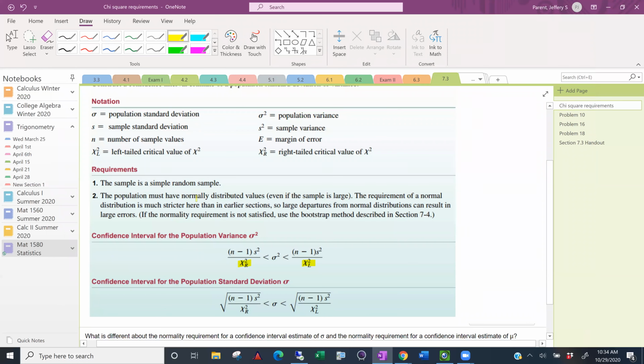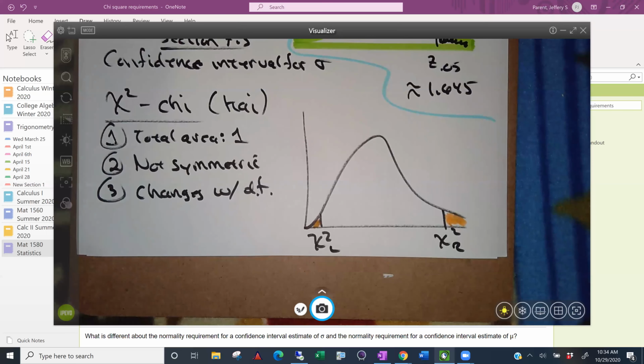What we're going to need are 2 things. We're going to need the sample standard deviation and the number of sample values, how many were in our sample. Now, what's different about this as opposed to the confidence intervals we dealt with earlier in this chapter is that this is not a nice symmetric interval.